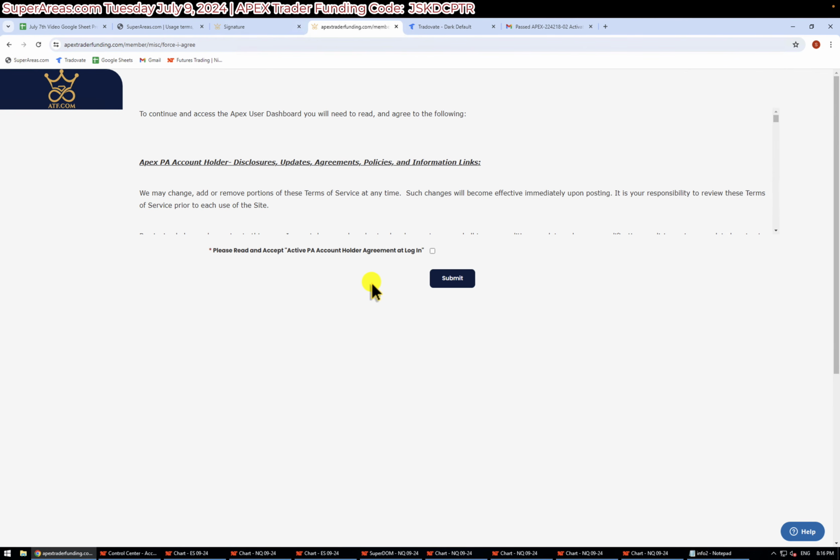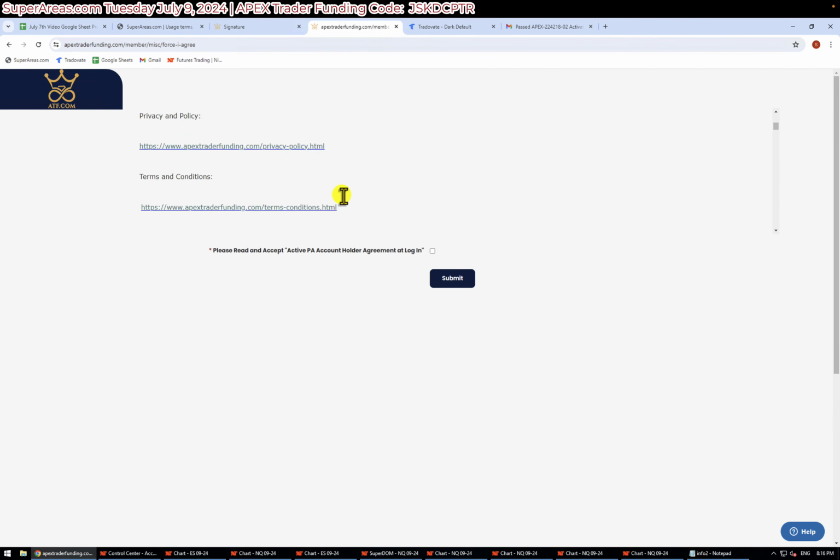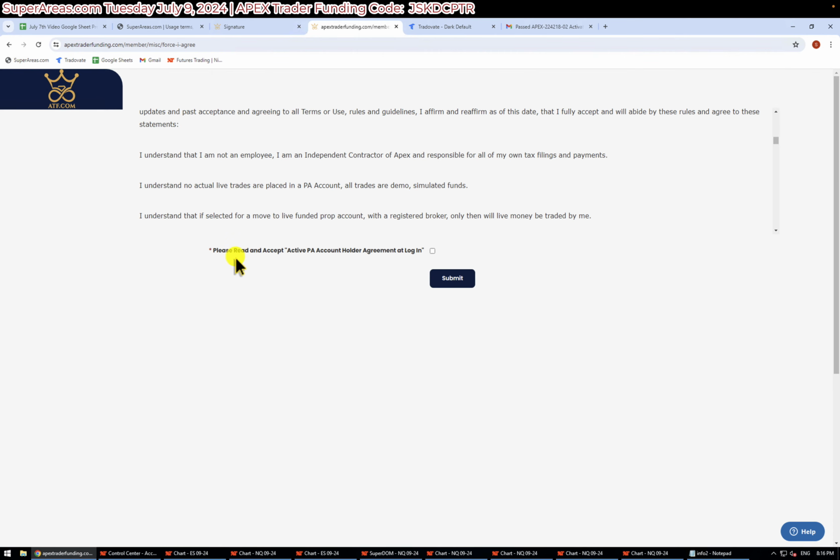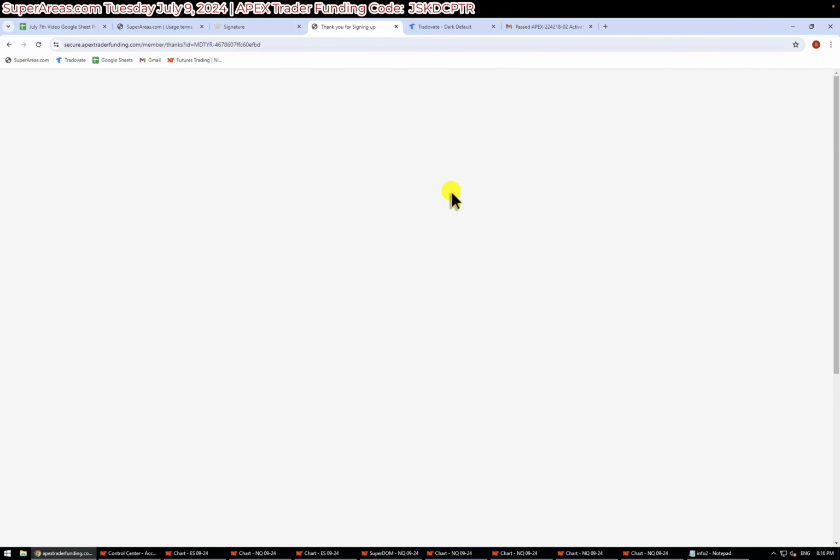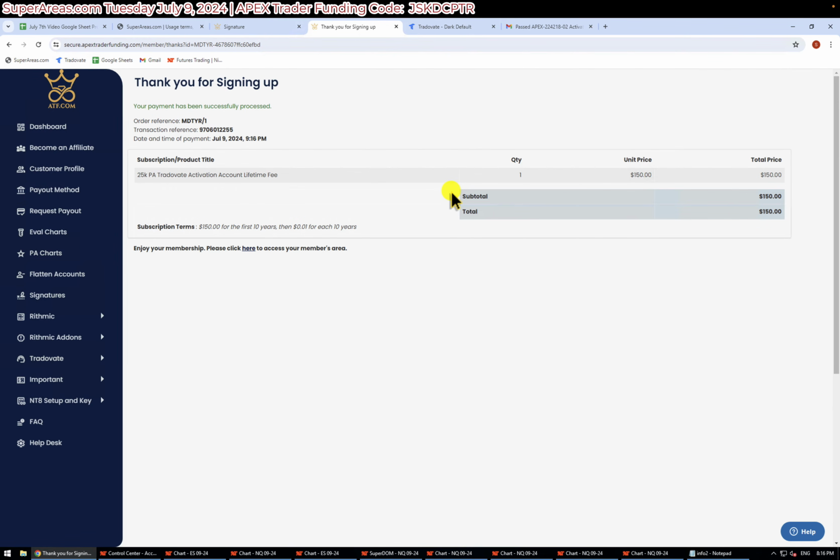Okay, once your payment goes through, you have to agree to this agreement: please read and accept the active PA holder agreement at login, and just submit. There you go, my payment has gone through, and I've paid the $150, my reference number and everything, and it says enjoy your membership.